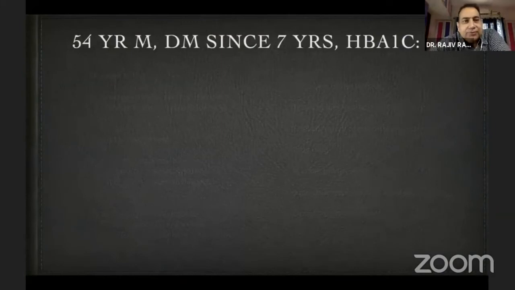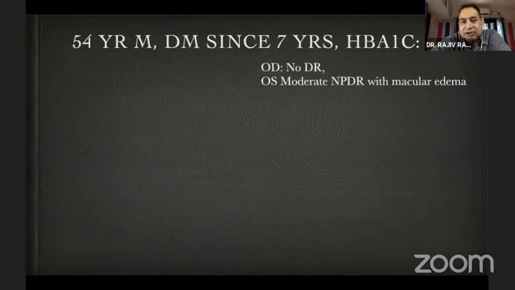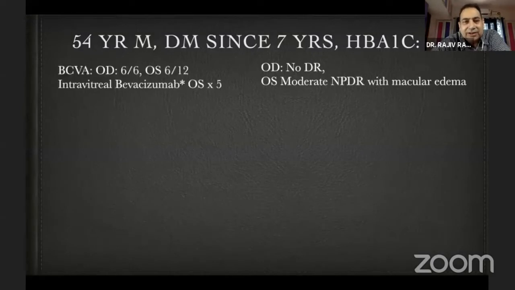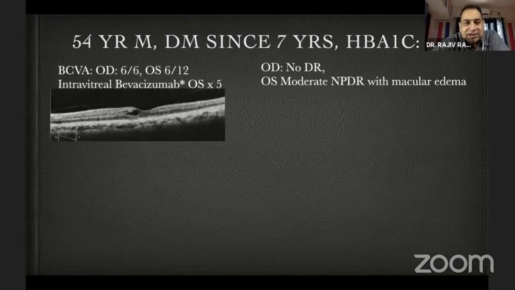This was a 54-year-old gentleman, diabetic for 7 years, reasonably well controlled diabetes. Right eye had no diabetic retinopathy, left eye had moderate non-proliferative diabetic retinopathy with macular edema. He had received a couple of intravitreal anti-VEGF injections. And after that also you can see one cyst in the parafoveal inner ring.